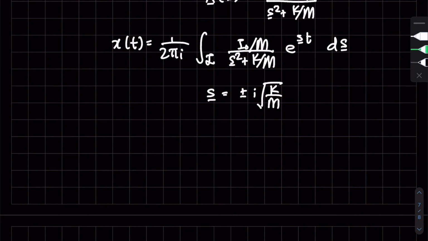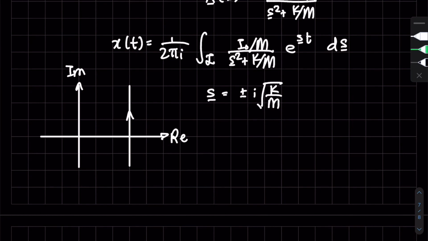So since they sit on the imaginary axis, we cannot really bring the line of the Bromwich contour, along which we are integrating this, to coincide with the imaginary axis. So if this is say L, then I will have to close it this way.